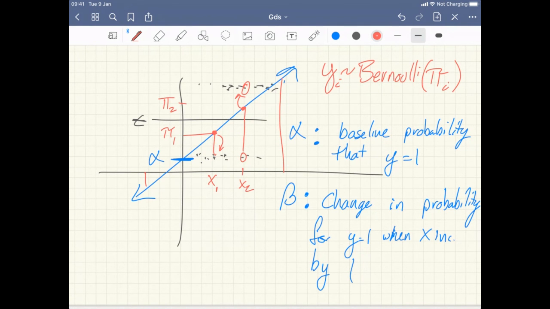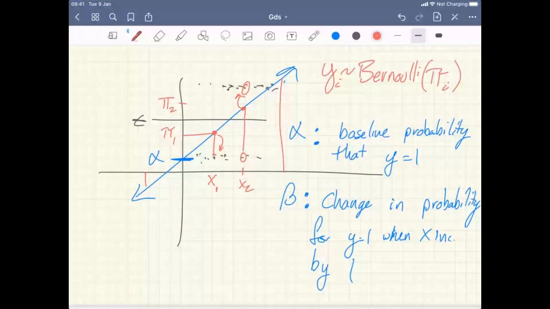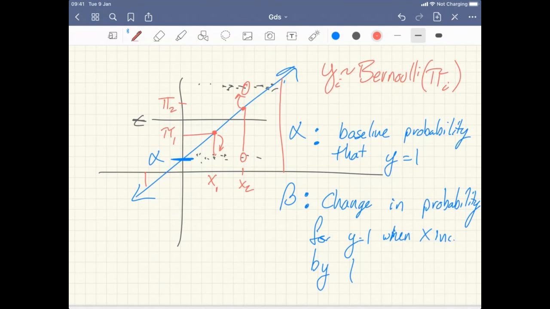The laws of probability suggest that it's only reasonable to talk about probabilities that are between 0 and 1. It doesn't make mathematical sense for there to be a negative chance of something happening. Nor does it make sense for you to have a greater than 100% chance of something happening.